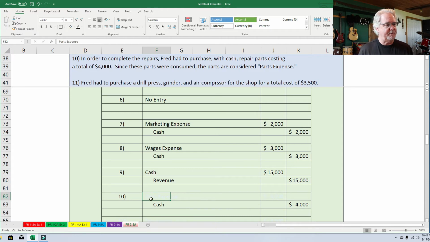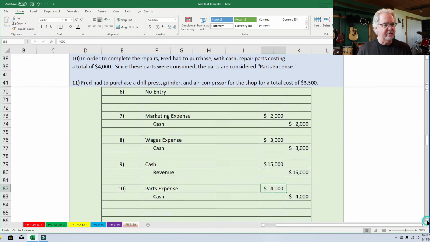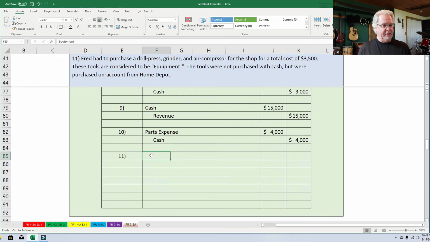I almost went down the wrong path here. This is going to be parts expense because these parts were used up in doing the job. Whenever you use up resources to do your job, that's an expense, and expenses are always listed first. There we go. Hey, this is getting easy, I hope. Nothing to this. Coming down to transaction number 11.